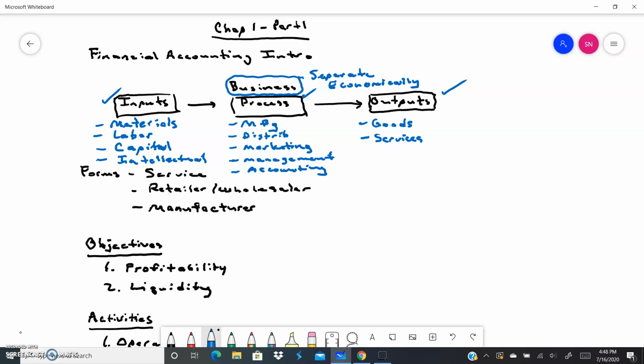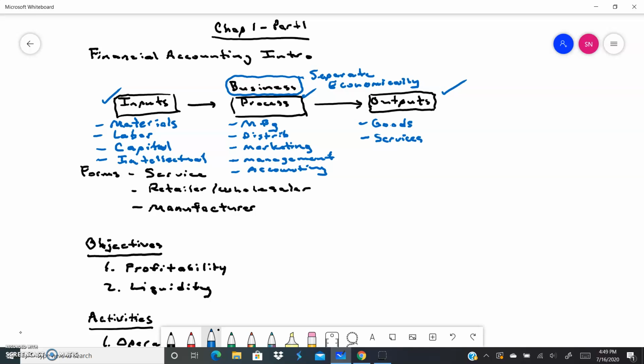And of course, some companies provide a mixture of the two. So you might have a Best Buy, for instance, that would provide both goods and service functions. Other companies provide simply goods. Certainly, a law firm typically provides just a service function.